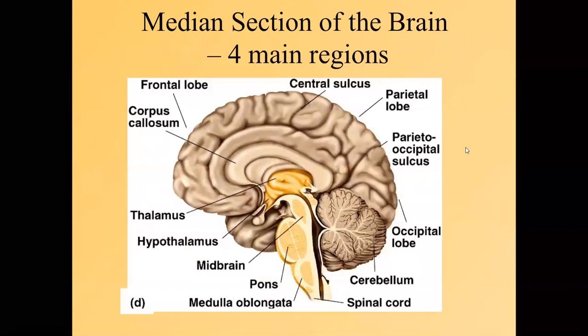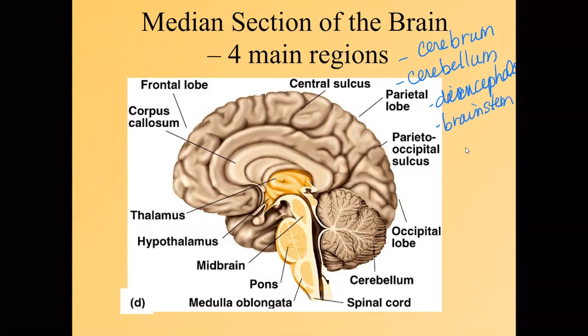Okay, four main regions of the brain, and this is in lab, so this is kind of a review. You're going to have the cerebrum, the cerebellum, the diencephalon, and the brainstem.